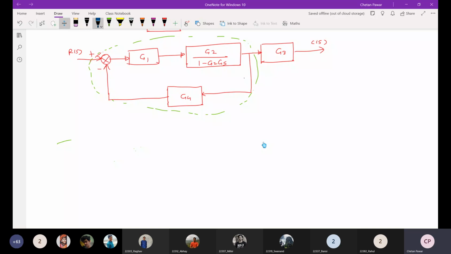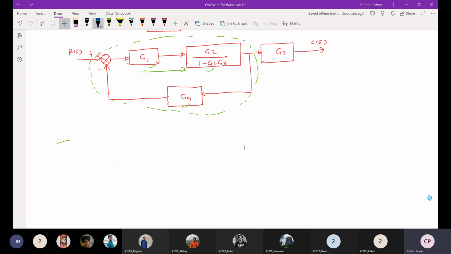Now in this, these two blocks are in cascade, right? So you can multiply their gain directly. The forward path gain will be the multiplication of these two gains, and this is a feedback path. The feedback path gain will be G4 in this case.